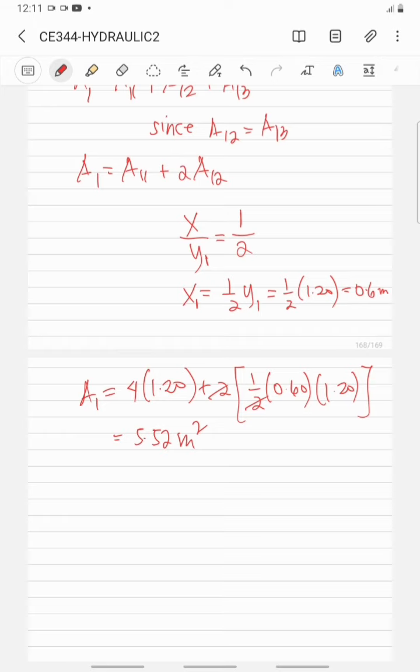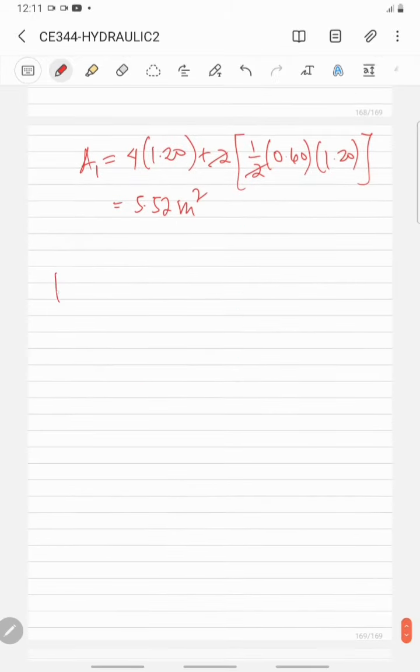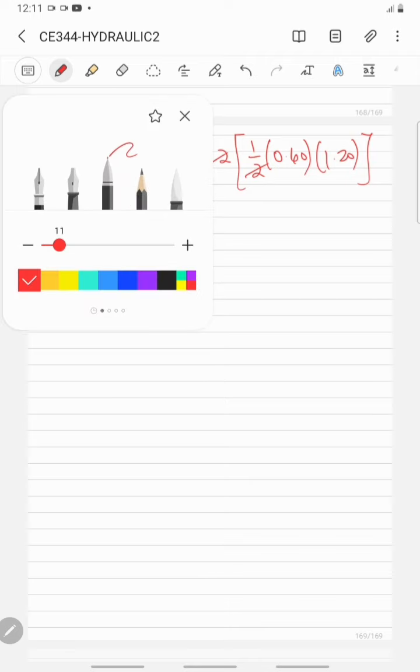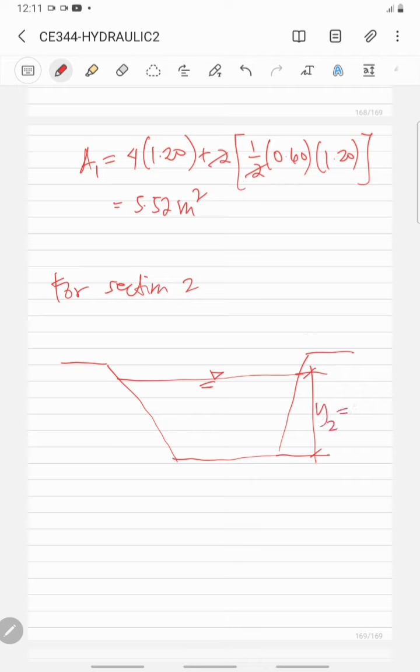For our section 2, we will do the same. It is the same trapezoidal section. We have to divide the section into rectangular and triangular sections. This is 1.8 meters in depth.